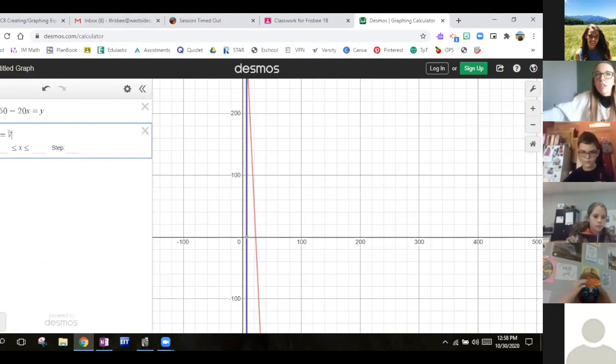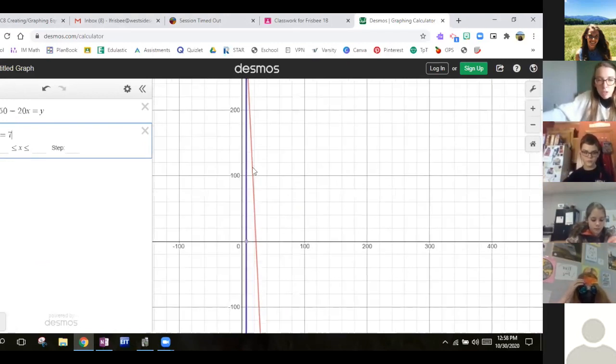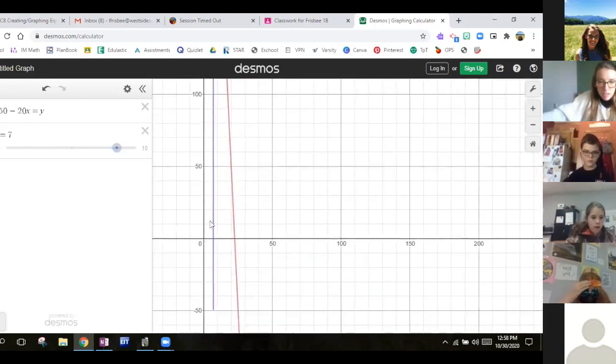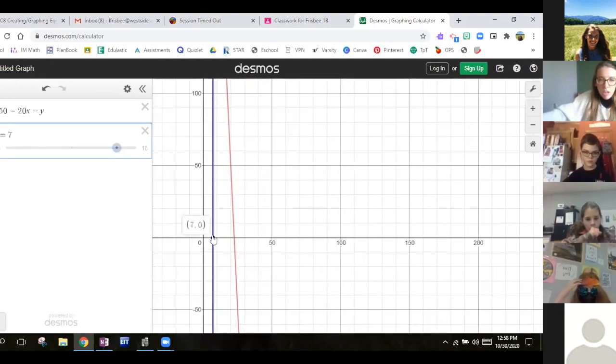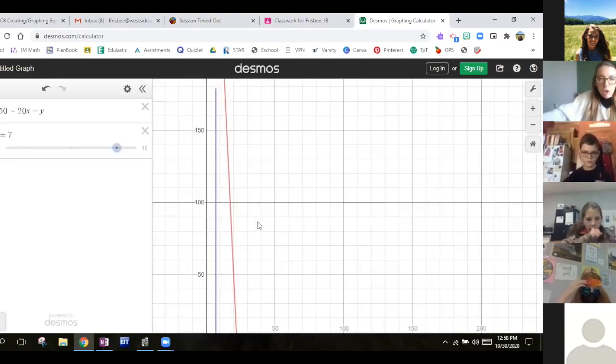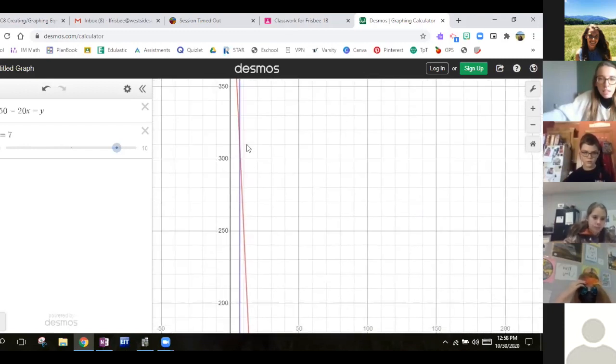So I'm going to zoom in. I need to see where it crosses through my line, because where it crosses through my line is going to be a what? A solution, right?